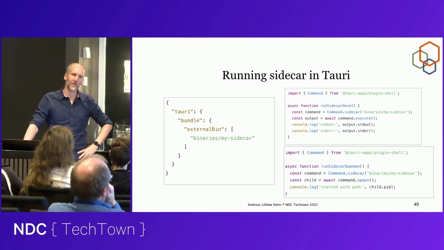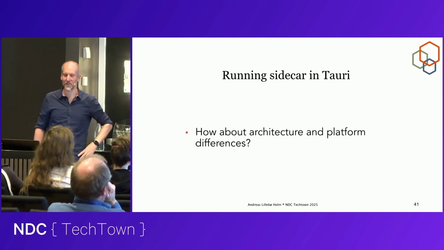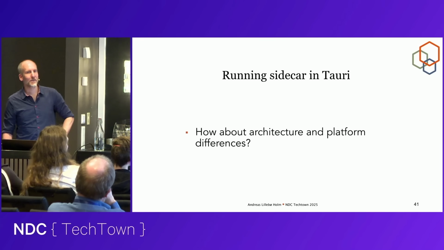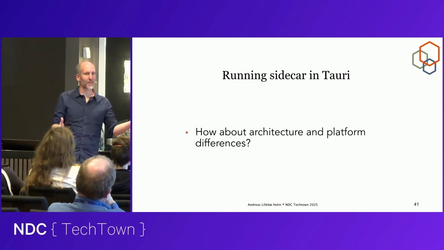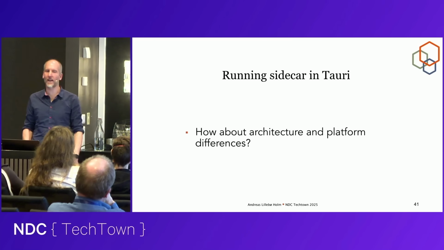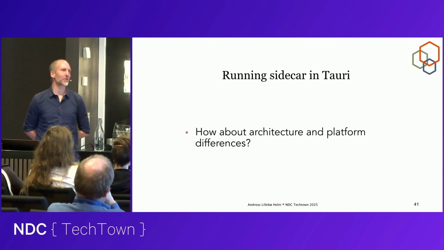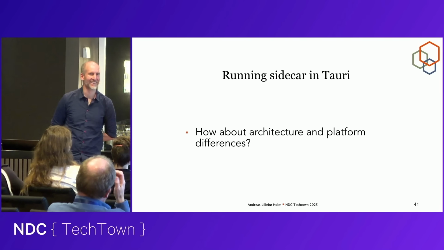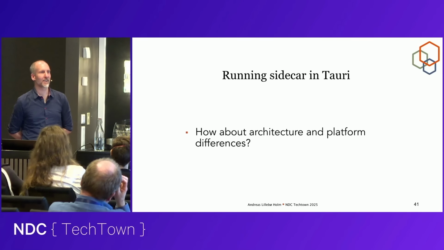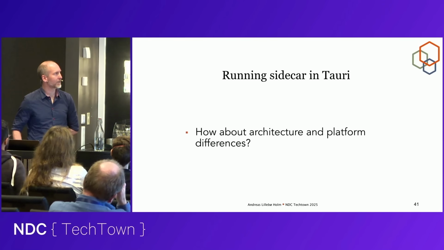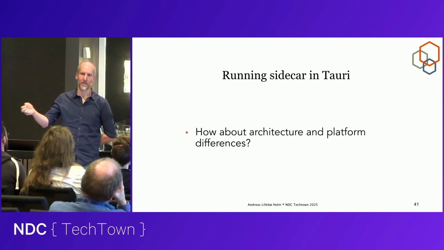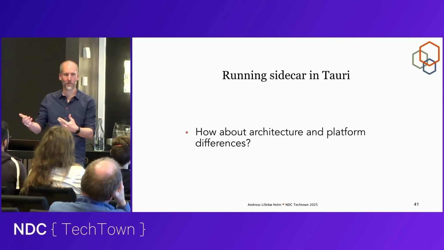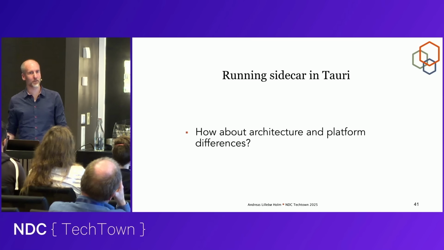But there are some caveats to this, because what about architecture and platform differences? If you have a cross-platform app and you want to have a sidecar, isn't that conflicting in some way? Yeah, it is. So don't do this if you don't need to, because if you want to make the sidecar work on macOS, Linux, and Windows, you have to actually build an application for all those and pack the right version and maybe the right architecture as well.